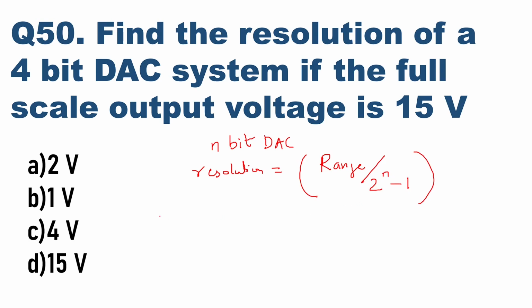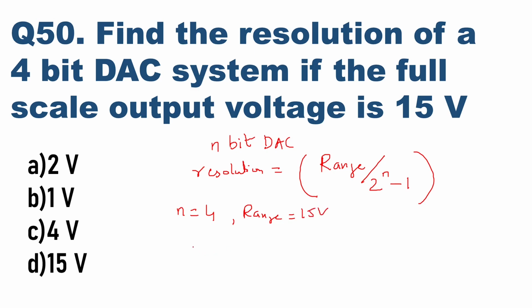Now, in the above question, find the resolution of a 4-bit DAC. 4-bit DAC means n is equal to 4. If the full scale output voltage is 15 volt, that means range is equal to 15 volt.